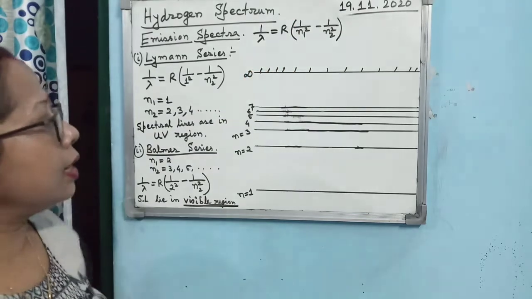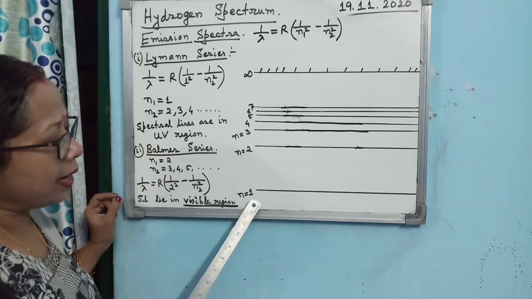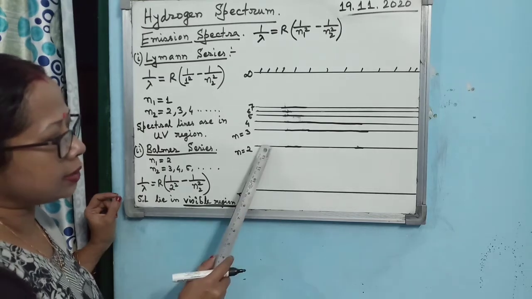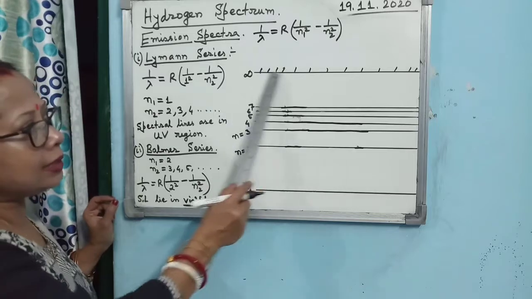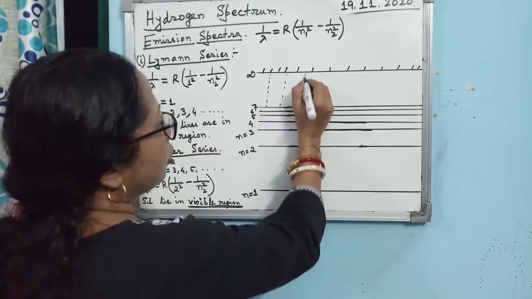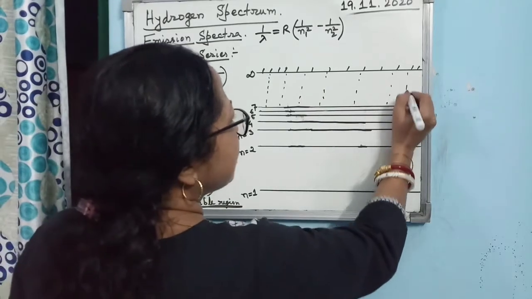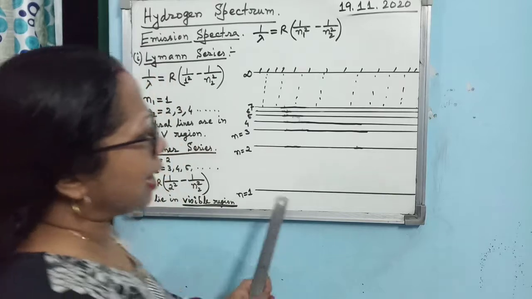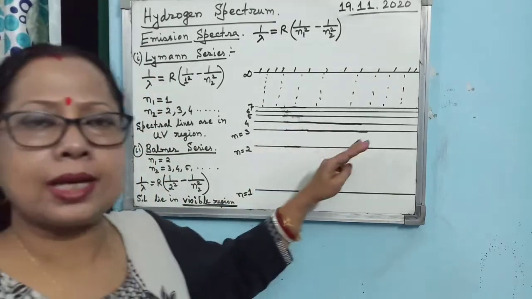Now you see, if you draw the energy level diagram, N equal to 1, this is N equal to 2, N equal to 3, N equal to 4, 5, 6, 7, and this goes to infinity. And here you can put the dotted line. Dotted line means in between there are several lines, very close to each other, and we cannot draw them, so we just leave it.